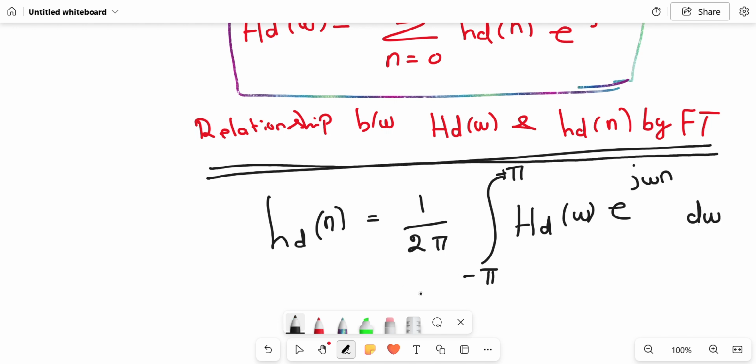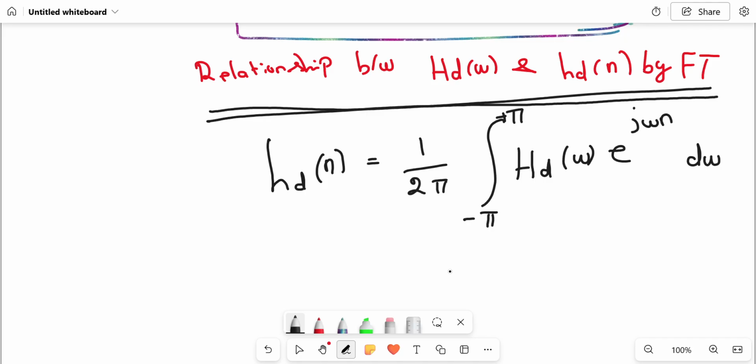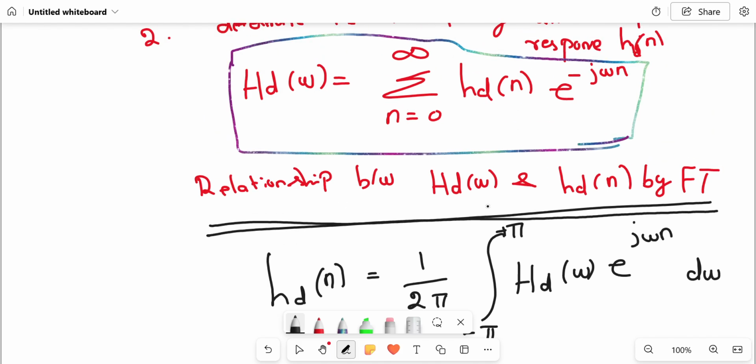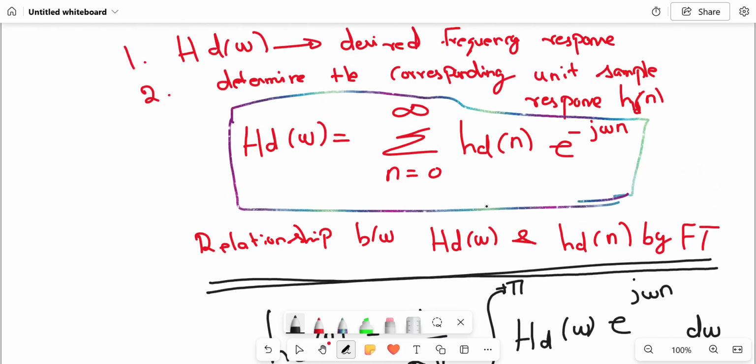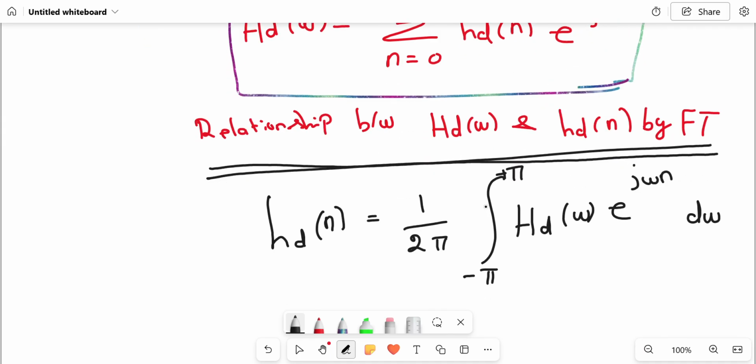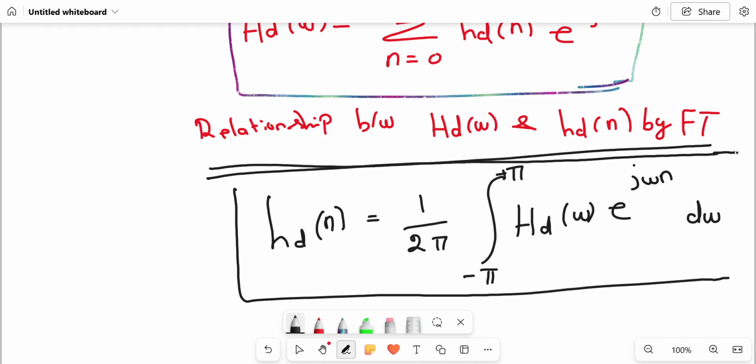So for the given desired frequency response HD of omega, you determine the corresponding unit sample response HD of n using the Fourier transform.